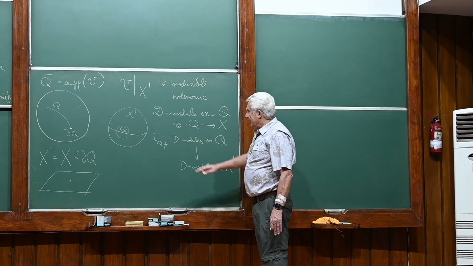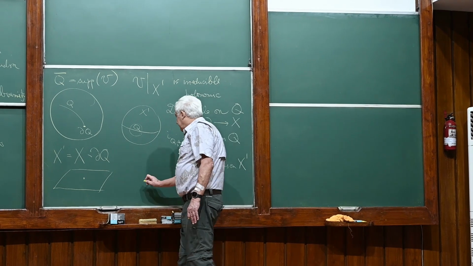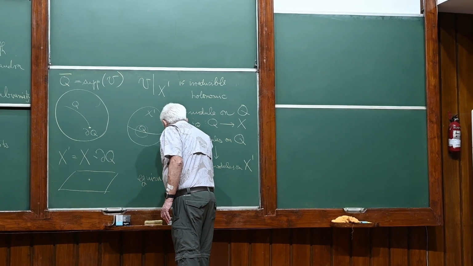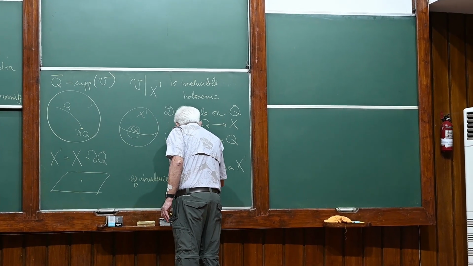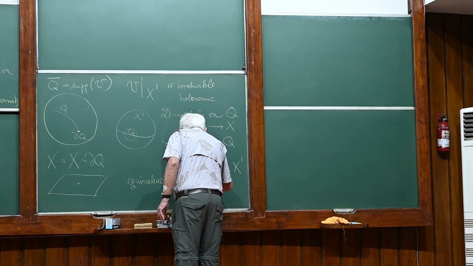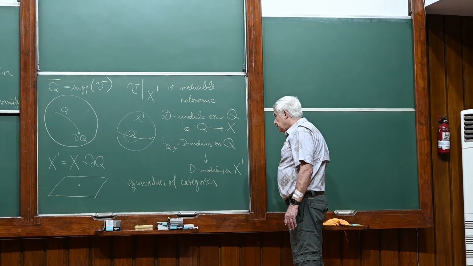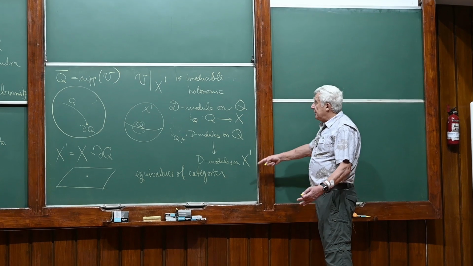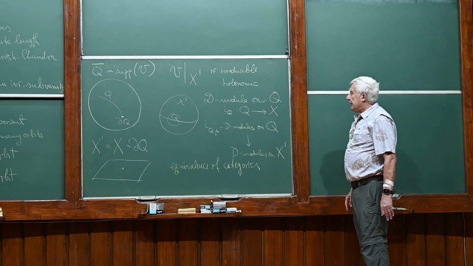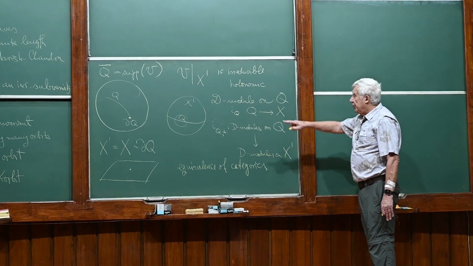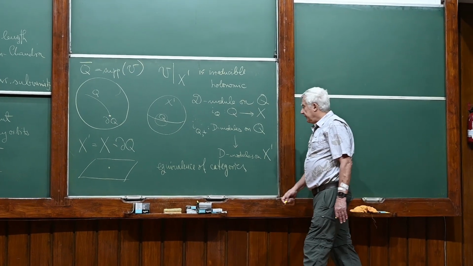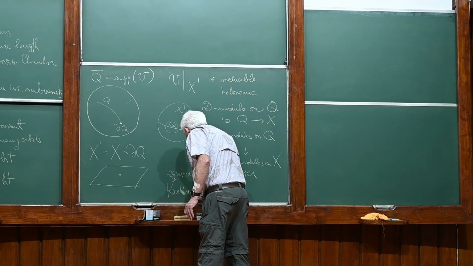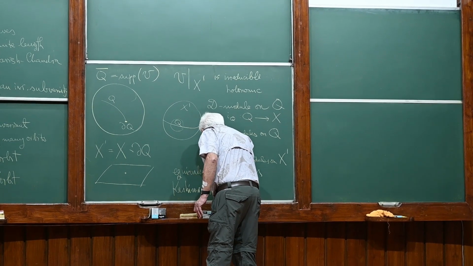The point is that this functor is an equivalence of categories between the category of D modules on Q and the category of D modules on X prime supported in Q. So this is the so-called Kashiwara's equivalence.